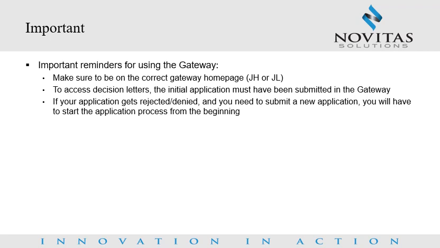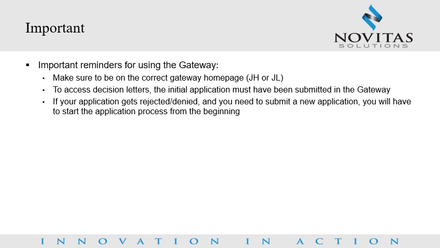Important: we have a few important reminders for using the gateway. You will want to make sure that you are on the correct jurisdiction before accessing the gateway. When accessing the Novitas website, you want to make sure to pick jurisdiction H or jurisdiction L dependent on your provider's practice location.